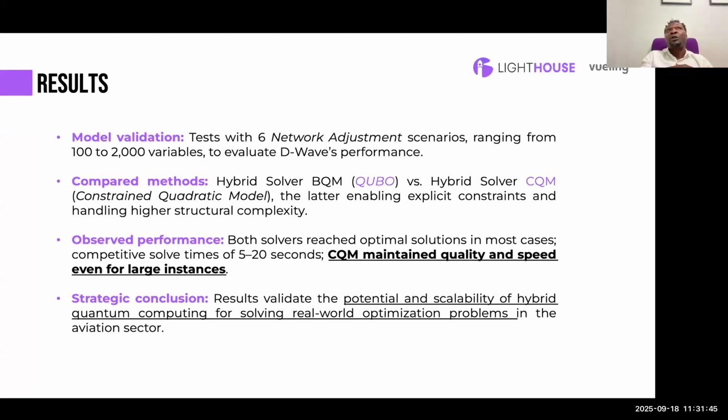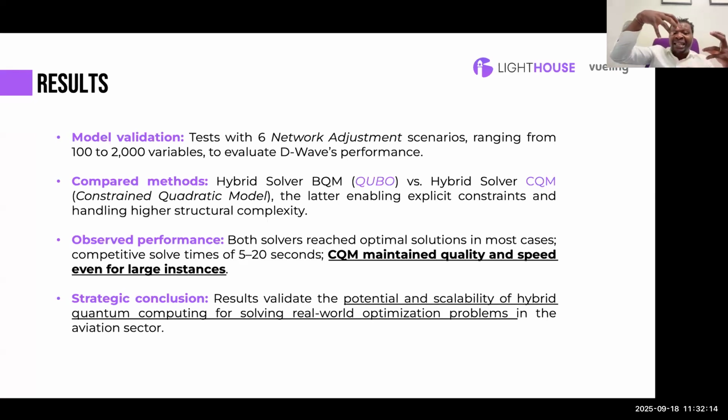And we made some kind of benchmark, and also we benchmark with the classical solvers, here C++ and simulating annealers and also Groovy to see how these perform. And we have seen that in very short time, between 5 and 10 seconds, the CQM solver maintains quality and speed even for large instances of the problem. That is very, very good.